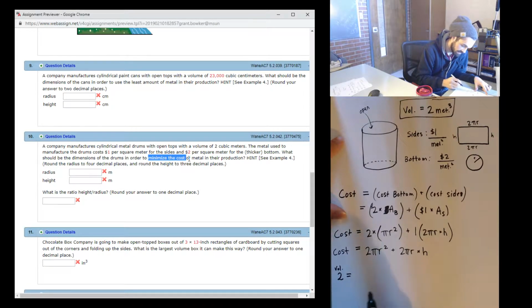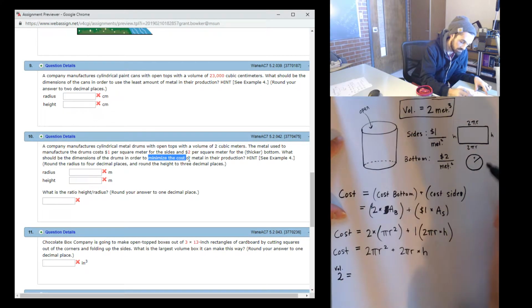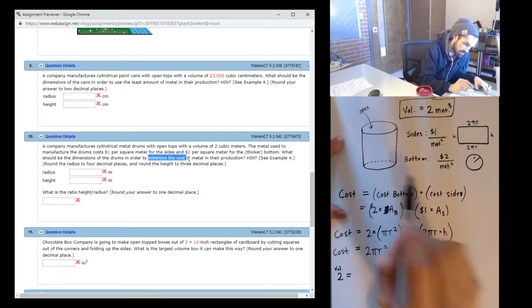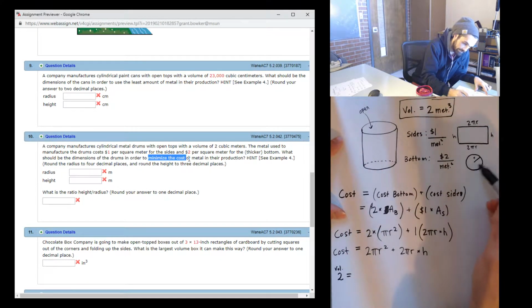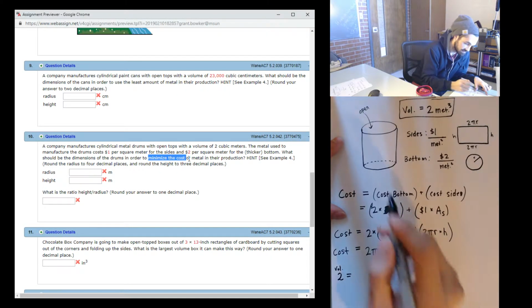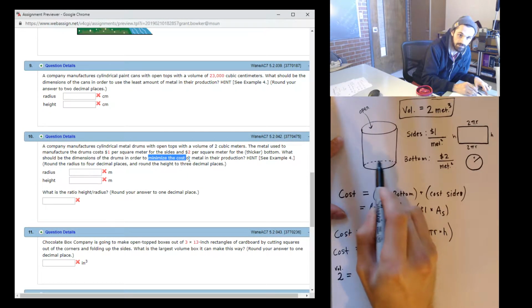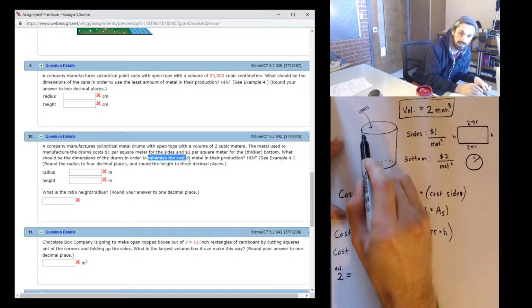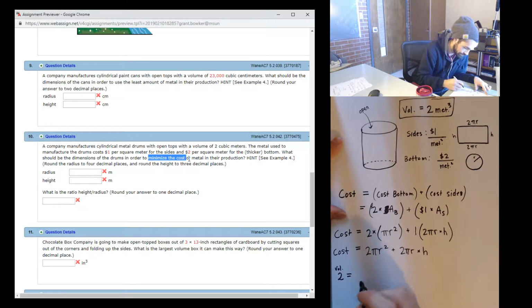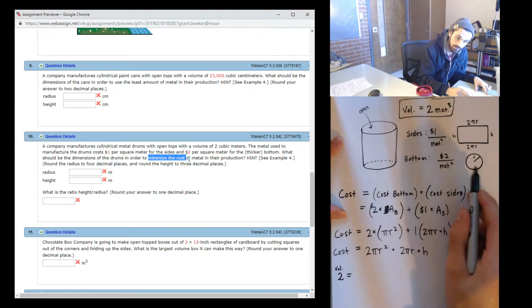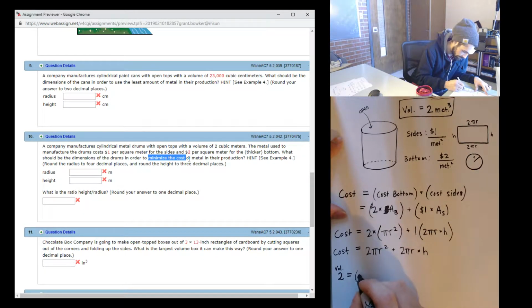So the volume has to equal the base times the height. Well, that would be the area of this circle multiplied by the height component of that circle. So recognize the volume of this cylinder is the area of the base multiplied by the height of the cylinder. So 2 is equal to the area of my circle, pi r squared.